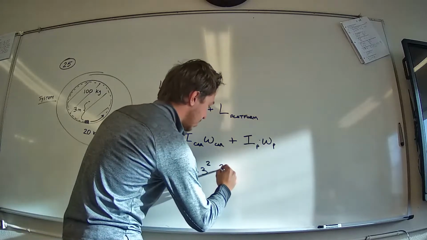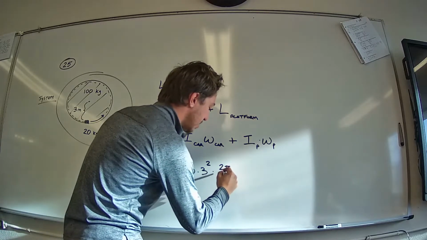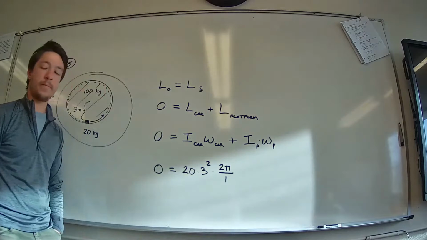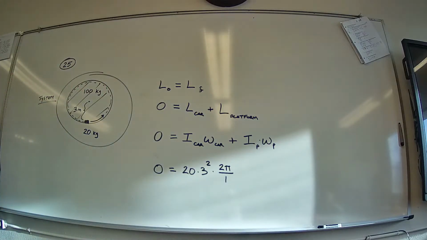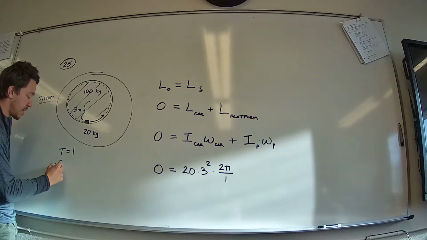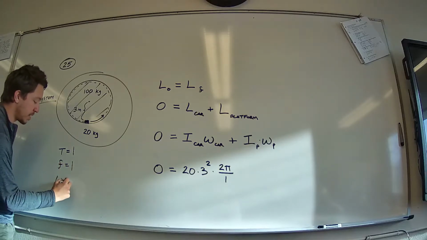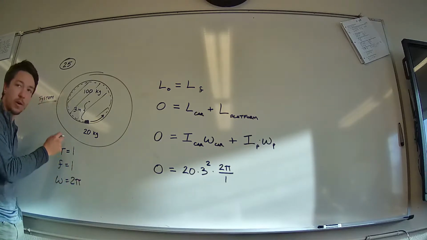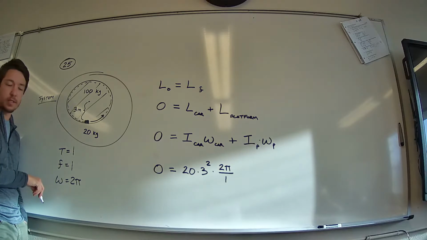So his radians per second is he traveled 2 pi radians in 1 second, right? It says right there. Makes sense? So you could have said, his period is 1, which means his frequency is 1, which means his omega is 2 pi. If you know your relationships, hopefully you do still.